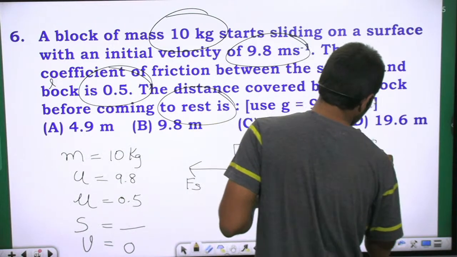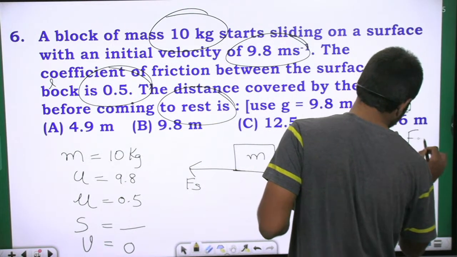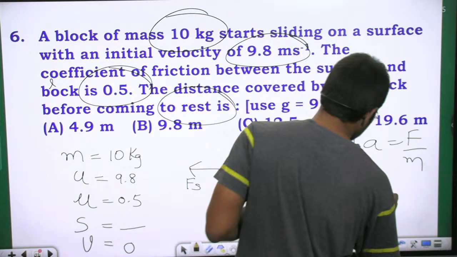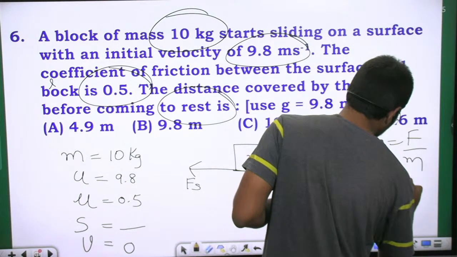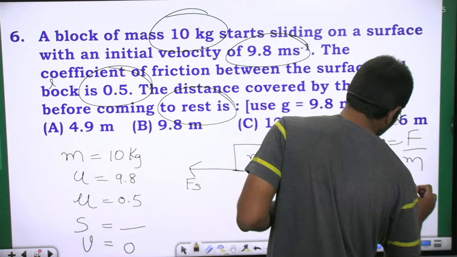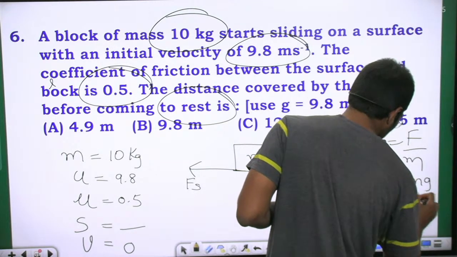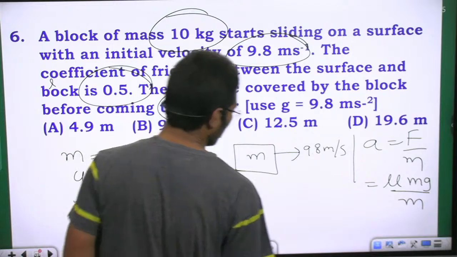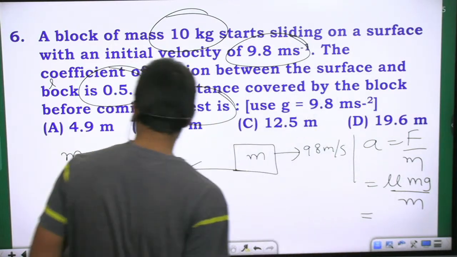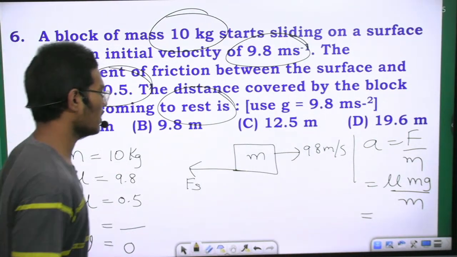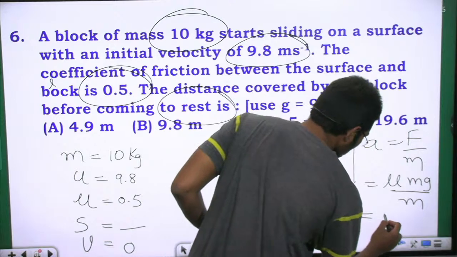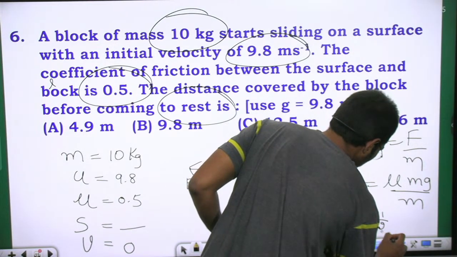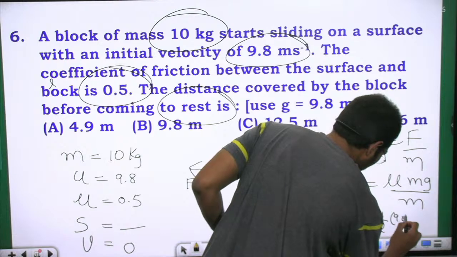First let us find the acceleration. Acceleration is equal to F by m. What is F? The friction force, mu N, which is mu mg. g is taken as 9.8 and mu is 0.5, so the 1 by 2 cancels and we get 4.9.